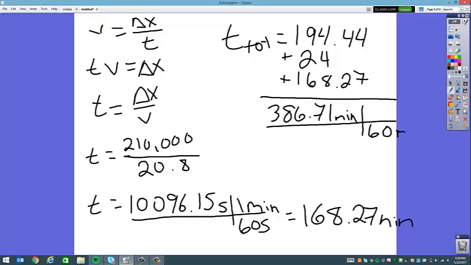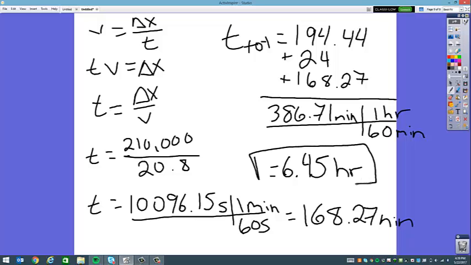So 60 minutes in 1 hour will give me 6.45 hours. That is your answer for part A. I know it's a lot of work, so I'm going through this one with you, so that way you can see it.